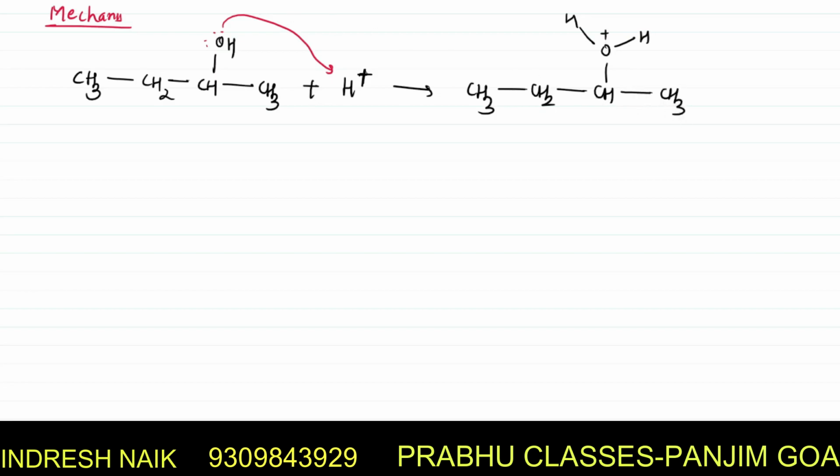This bond breaks to give stability to the oxygen, because positive charge on an electronegative element is unstable. Now there is a formation of a carbocation over here.